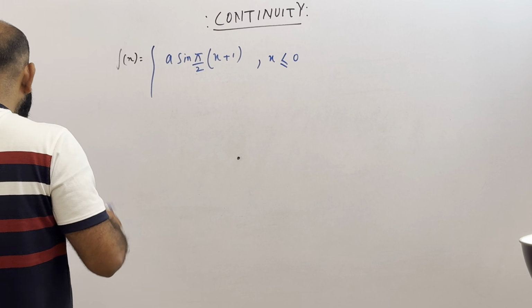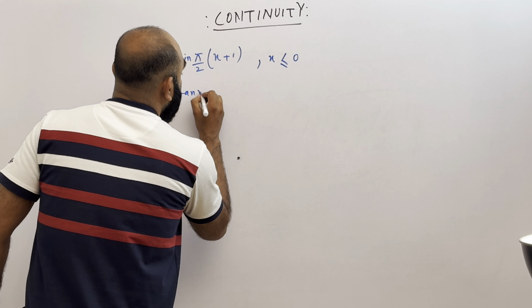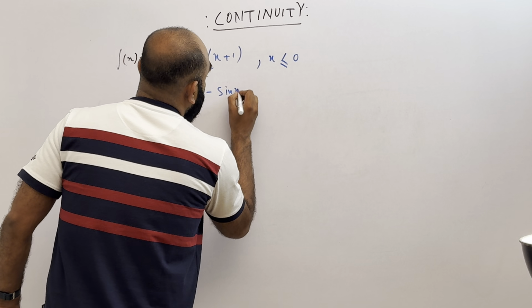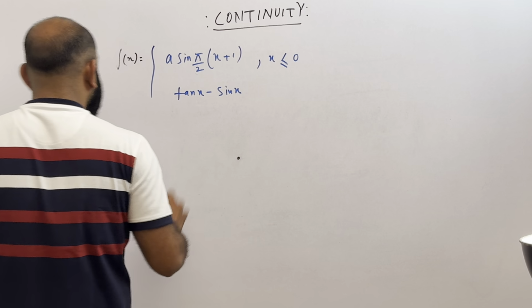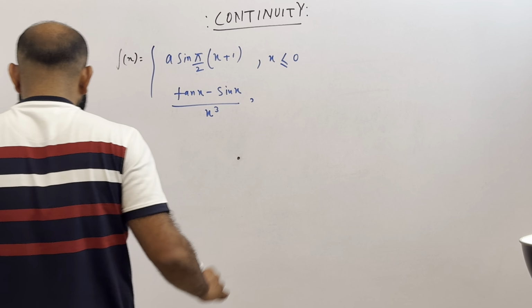And f of x is equal to tan x minus sin x divided by x cube. This is defined when x is greater than 0.